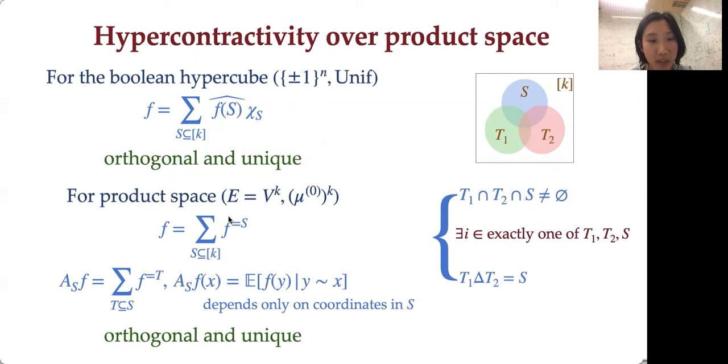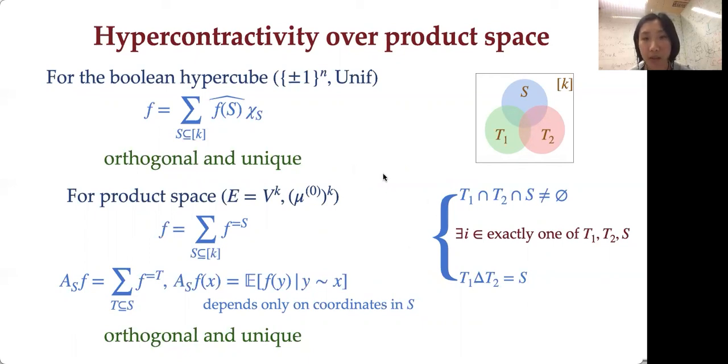The Efron-Stein decomposition is defined using this projection operator A of S. What A of S essentially does is it projects the function f onto the coordinates in S. So A_S f of x is equal to the expectation of f of y over all those y that have the coordinates in S assigned exactly as in x. The decomposition f equal to S is defined precisely so that A_S f is equal to the summation over all T subsets of S of f equal to T. So this is the definition. And as we said, this is also an orthogonal and unique decomposition.